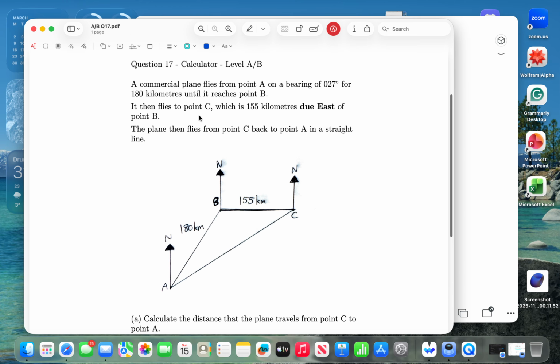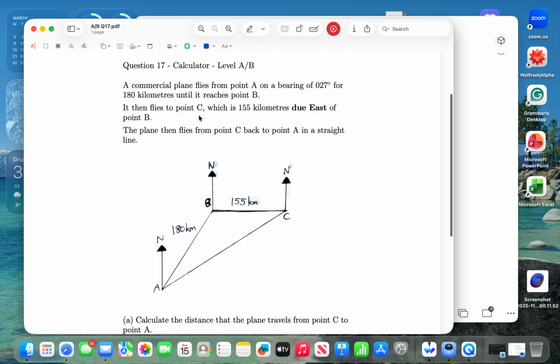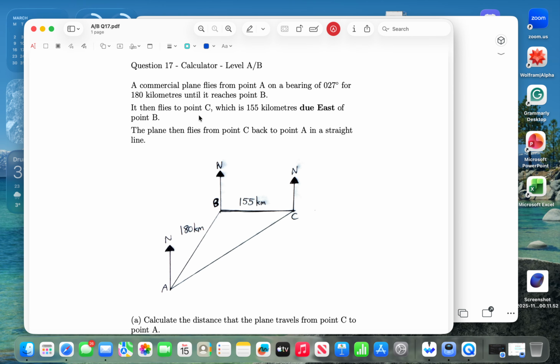But I told you it flies from point A on a bearing of 027.